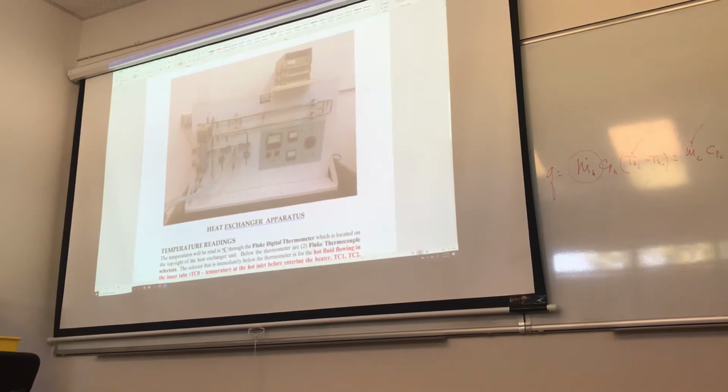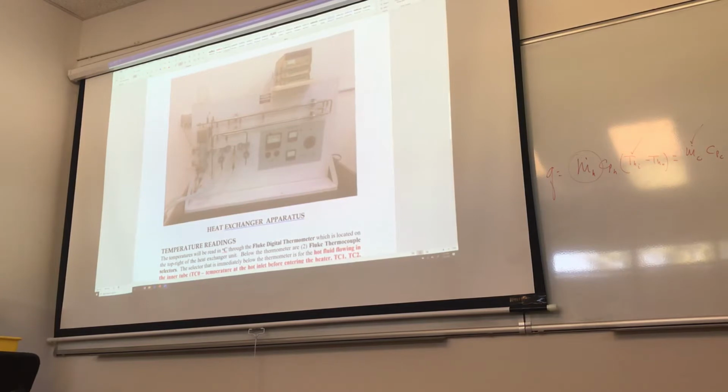This is the hot fluid coming in. That's where these are supposed to measure the flow rate, but we typically don't use them. We actually let the water flow into a container and measure the time to get the flow rate.